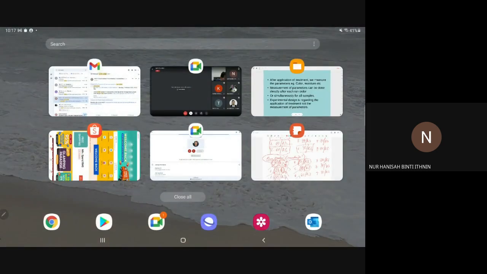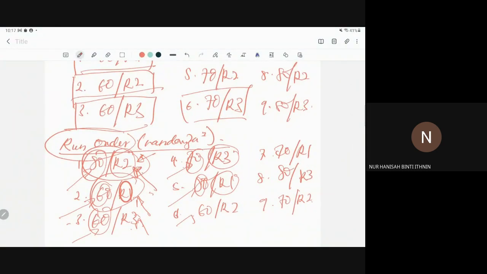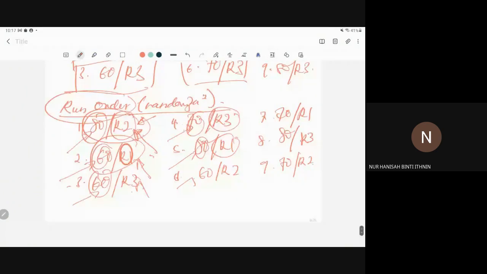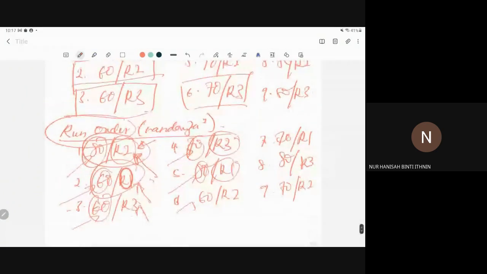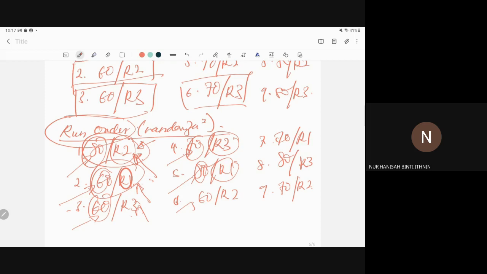What that means is, like in our example here, you have done the first one, 80 for rep 2, second 60 for rep 1, and then seventh 70 for rep 1, 80 for rep 3, ninth 70 for rep 2.